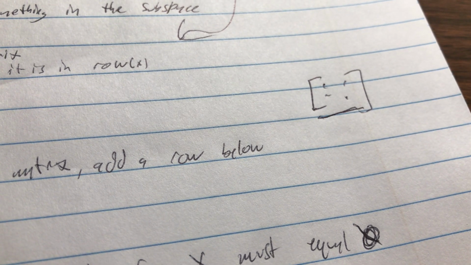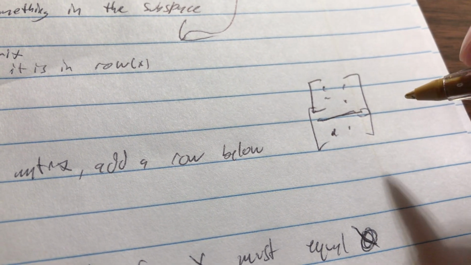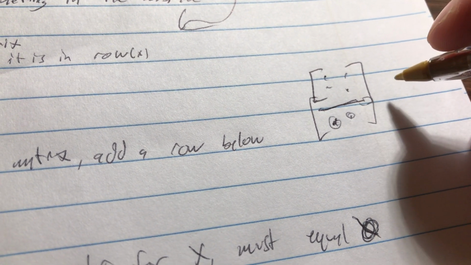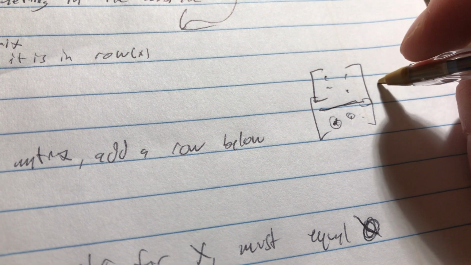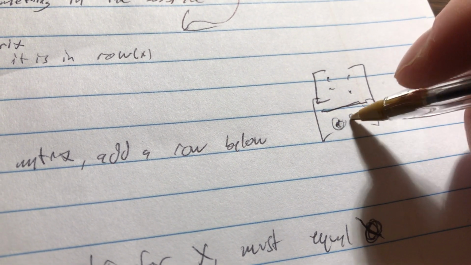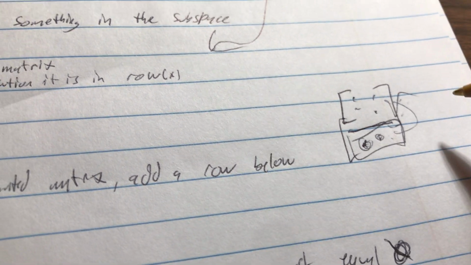It's not really like this, I'm just calling it that. You put down an extra row, and then you try to make these zeros. If they can't be made into zeros, then it's not in the column space. But if these do become zeros, then this vector is in the column space.